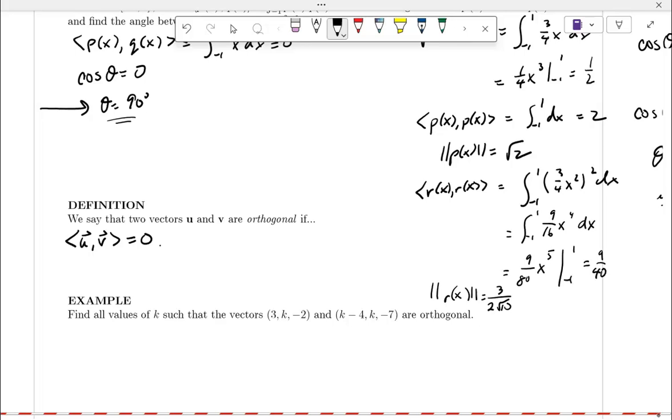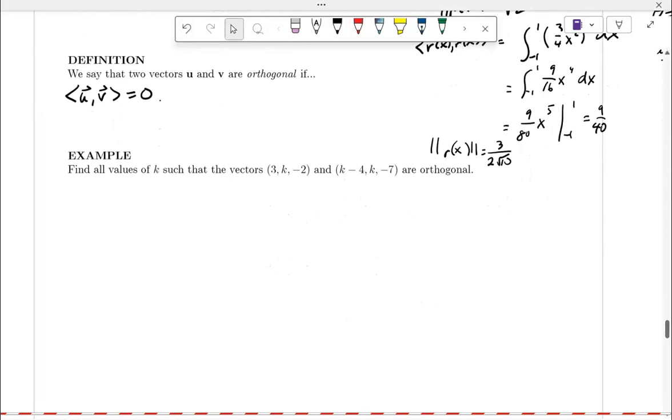All right. But to do a pretty quick example of this, these are vectors in R3. And unless you are told otherwise, if you've got a familiar vector space, assume it has the usual inner product on it.